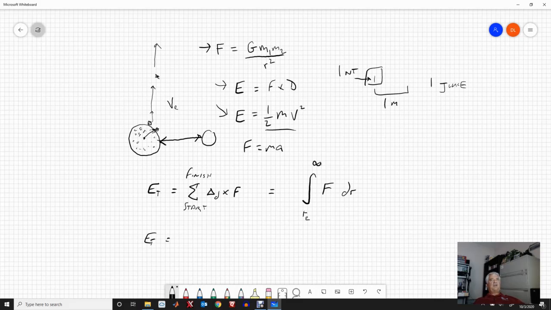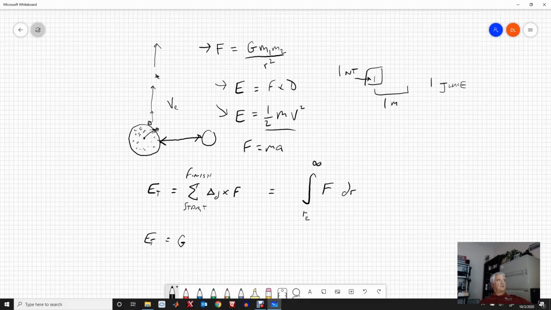This gravitational constant is just that, a constant. And in our case, the mass of the Earth and the mass of the object don't change as time progresses or as the radius increases. So these are all constants in the integration, so they can be moved outside the integration. It's just a math trick, but they don't have a direct effect during the integration.